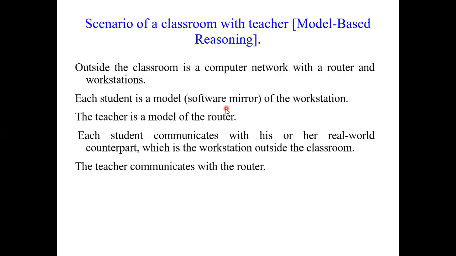So the model is, the teacher is the model of the router and the student is the model of the workstation. Okay, so this is the model which we are creating.